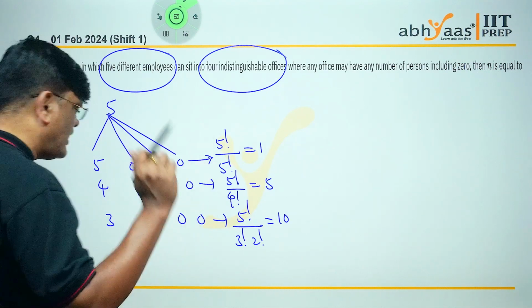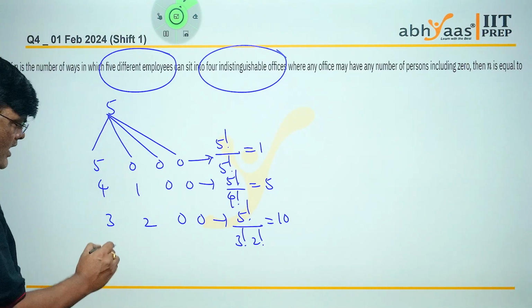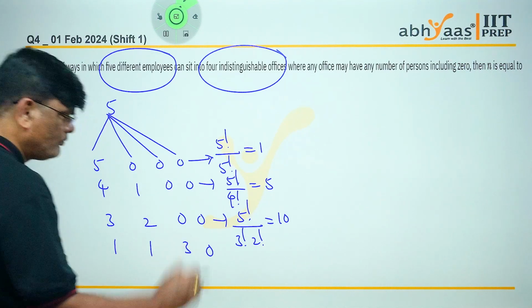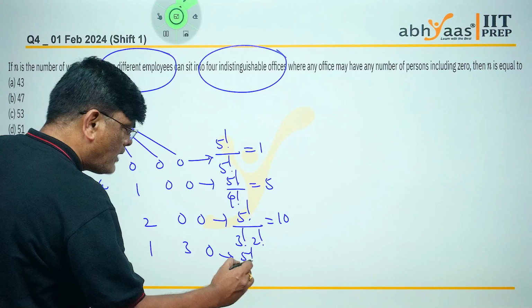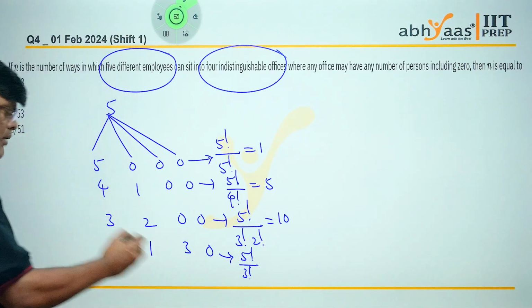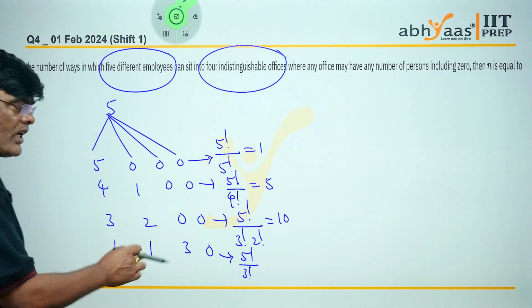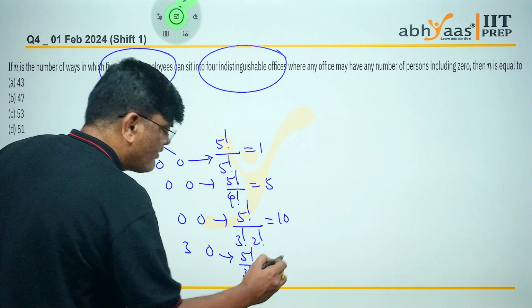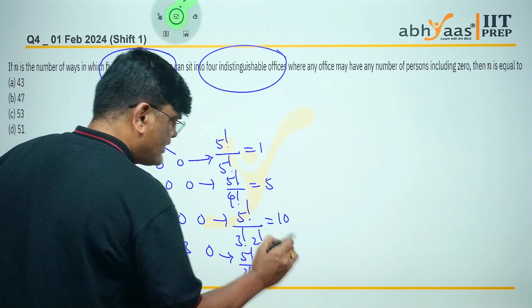Next, I will take 1 office with 0 employees. In that case, we can write 1, 1, 3, 0. Here the ways will be 5 factorial by 3 factorial, but the two offices with 1 employee are identical, so it is repeated twice, so divide by 2 factorial. So 120 by 12, it is 10.